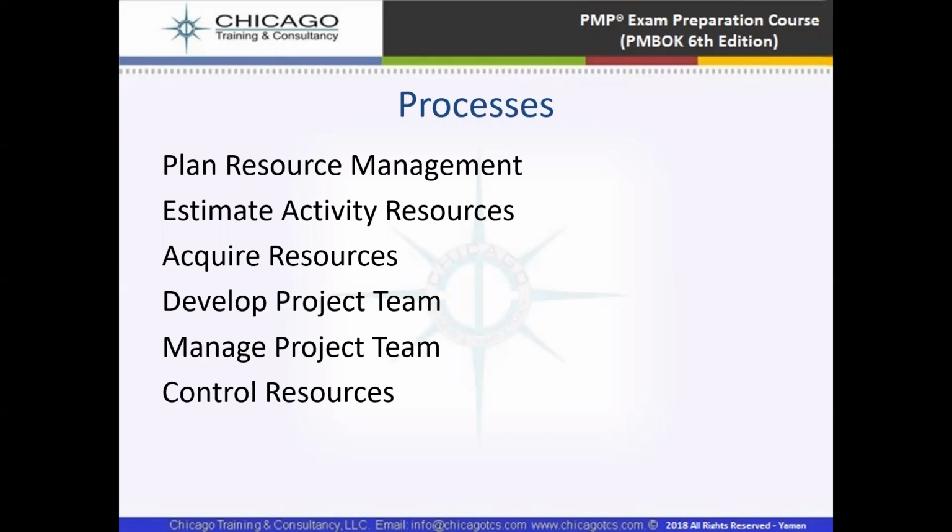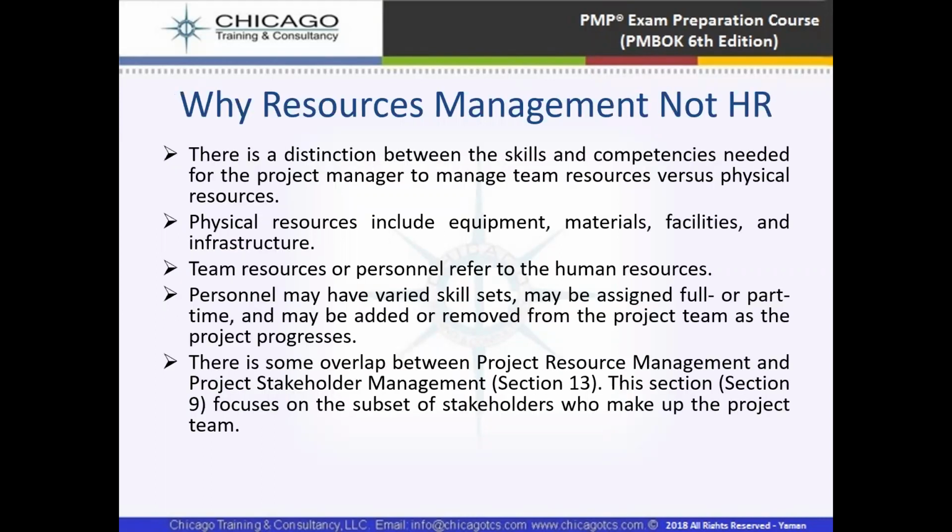There are 6 processes in project resource management. The first process is plan resource management. And then we are going to estimate the activity resources. And then we are going to acquire the resources, develop the project team and manage the project team. And then we are going to control the resources. Let us go in detail one by one.